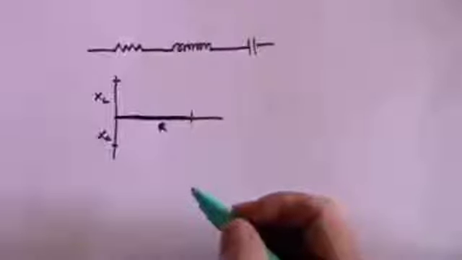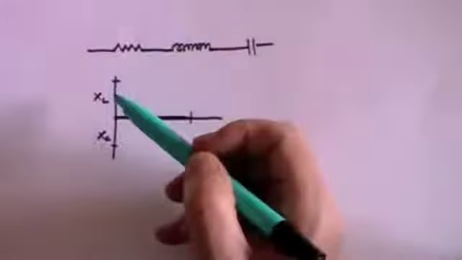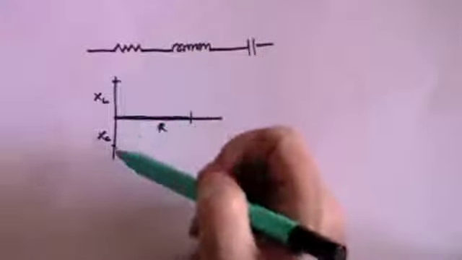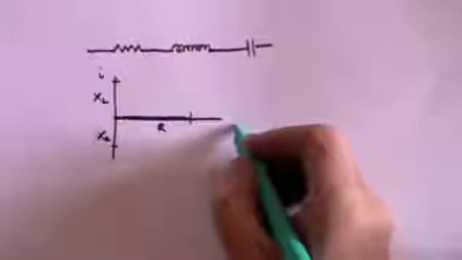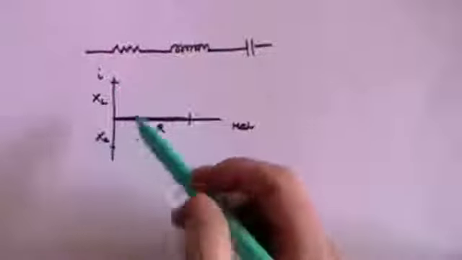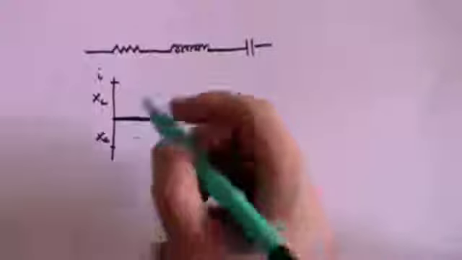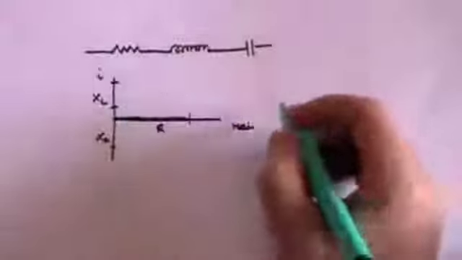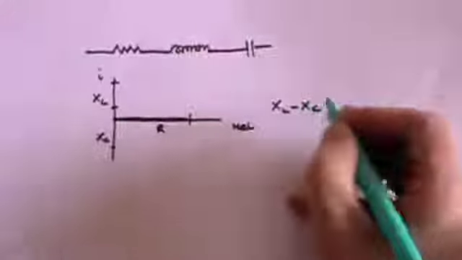Well, it's quite simple. The net effect of the two reactances, which are both in the same plane, they're both on the i scale, this is the imaginary scale, this is the real scale, you can simply subtract one from the other, and the net effect of this will be this distance here, which is simply XL minus XC.